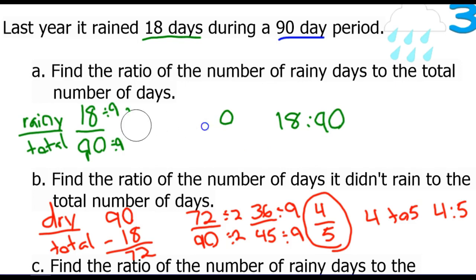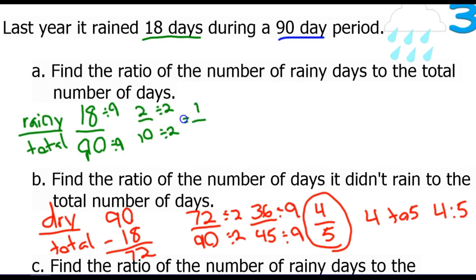I'm just going to erase these for now. So we have 2 over 10. Is there anything we can take out of both of those? Well, I can take out a 2. So we get 1 over 5. So the ratio here is actually 1 over 5, or 1 to 5, or 1 colon 5. Sorry guys, you can just write these underneath what you already have. You don't need to erase what you already put on there.